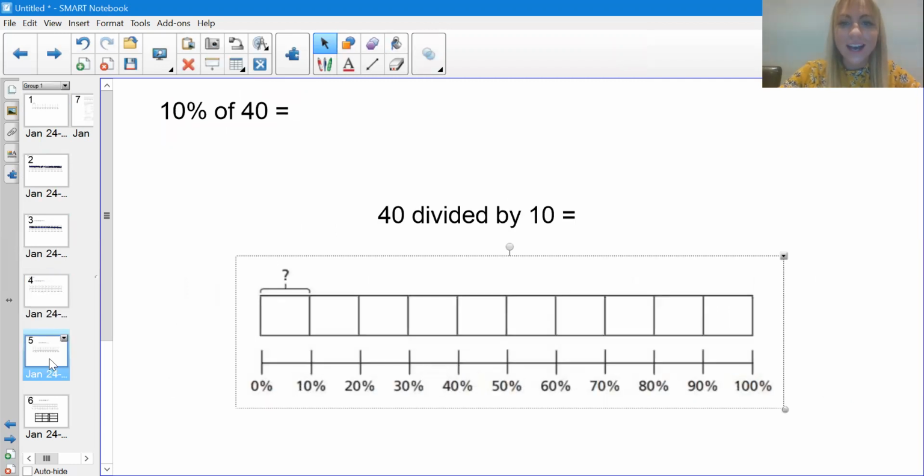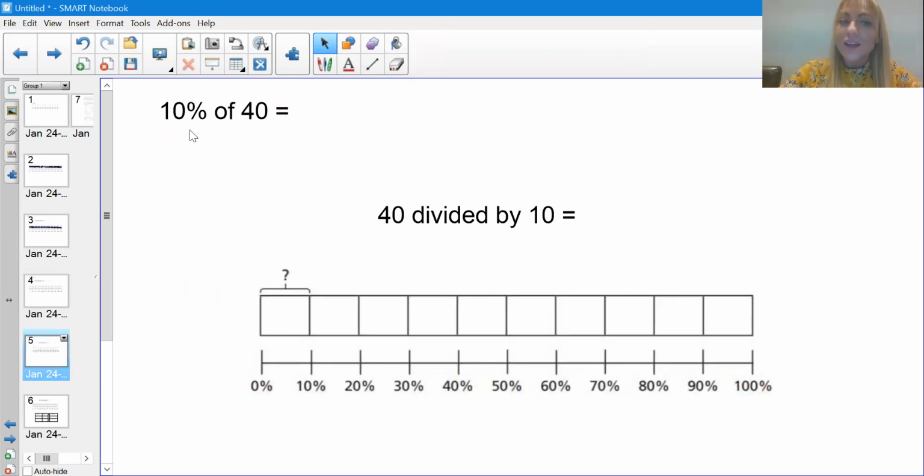Let's have a look at this one. This time I want to do 10% of 40. So I've got my 40 and that's my whole amount, and I'm going to divide it by 10. I'm going to split my 40 into 10 equal sections. I'd like you to pause the video here and have a go at finding the answer yourself.